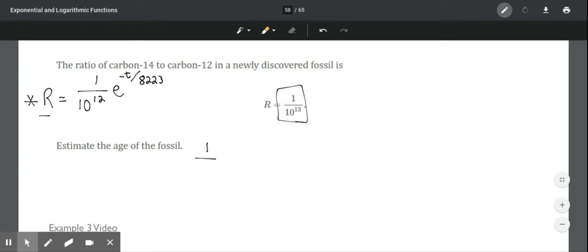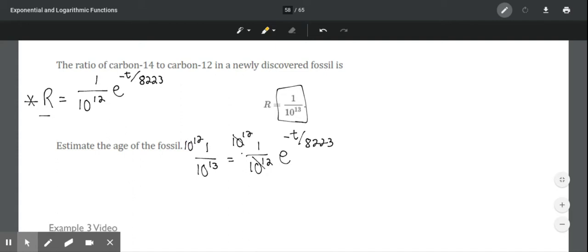So we need to substitute this in for the r value. So if we have 1 over 10 to the 13th equals 1 over 10 to the 12th, e to the negative t over 8,223. To get rid of 1 over 10 to the 12th, we could multiply both sides by 10 to the 12th.